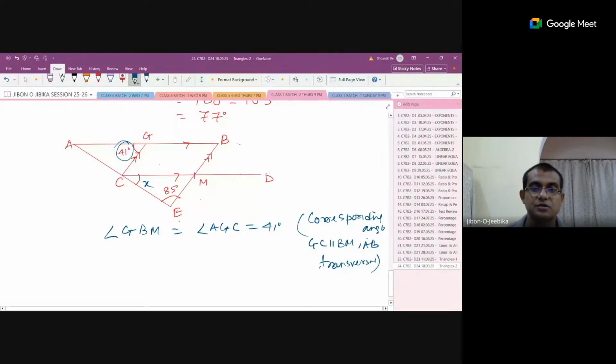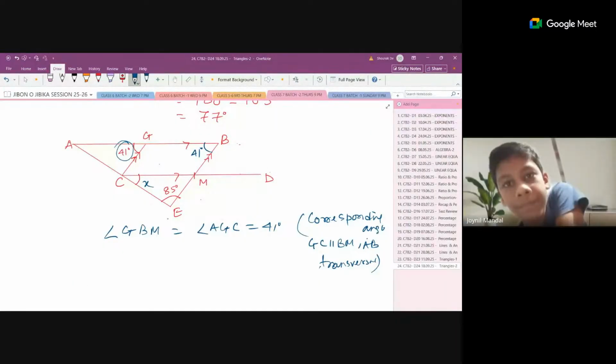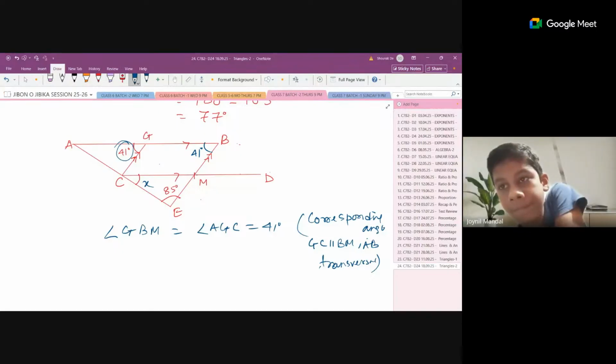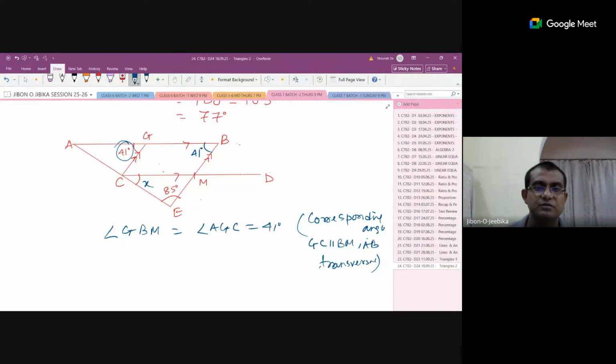Okay. So, তার মানে এটা 41 degree. If this is 41 degree, then again, which angle is 41 degree? GCM. GCM is 41 degree. আরেকটা GCM তো আমার দরকার নেই এখন.